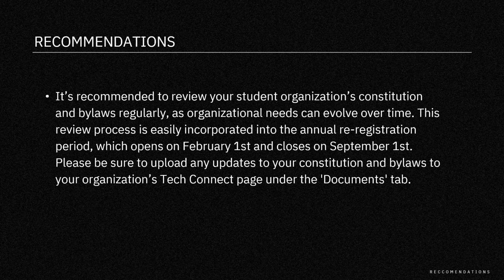This process can also easily be incorporated into your annual re-registration process that occurs each February 1st and closes the following September 1st. What this means is you should probably look at reviewing your organization's constitution or bylaws anytime you're setting up for a new officer transition, as well as when you're re-registering your student organization.